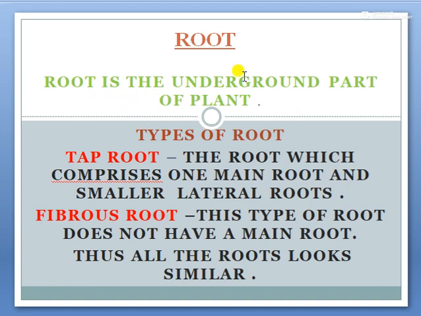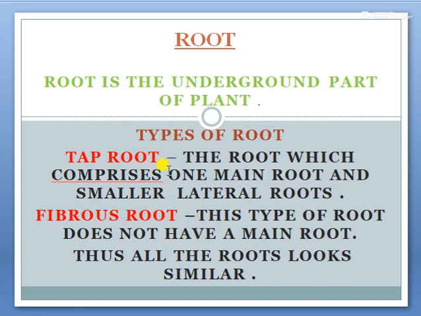Students, root is the underground part of plant. It is that portion of plant which is located below the soil. Alright? And it is a very important part of plant. Now, roots are of mainly two types, taproot and fibrous root.